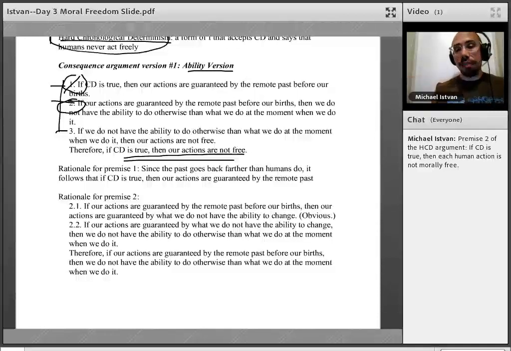Now, I call this obvious, because the past before we were born, we don't have the ability to change, barring time travel scenarios that I'm not going to go into now because that will derail us. But remember, I did talk about time travel already in our first day of moral freedom, and showing how CD being true does not preclude the possibility of going back in time, because there's various things we could mean by that.